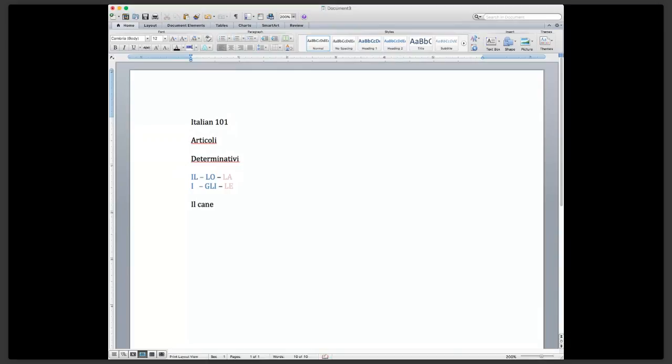Il cane. You use il because this is a simple beginning of a word. Cane is masculine. But if you want to say something that begins with an sc, for example scoiattolo, that is a word that will require you to use lo scoiattolo.